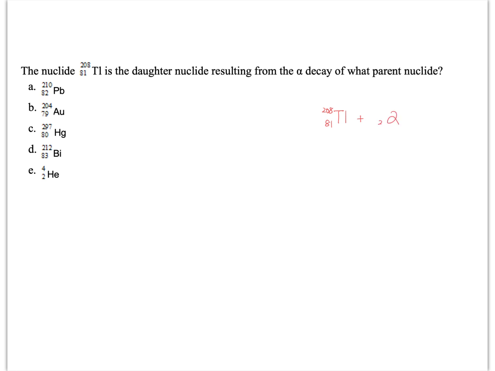We are going to figure out what the starting parent nuclide is. Now pause this video and try to solve this problem by yourself. Now welcome back. What I have here is, on the right side, 81 plus 2, so on the left side 83, and on the top we have 212. So if we are matching, that will be answer D.